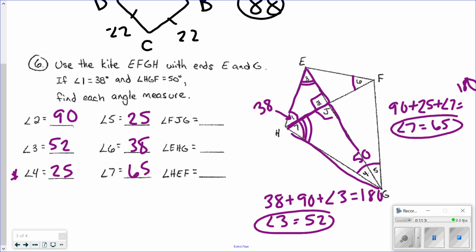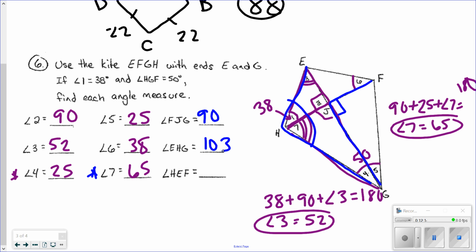Angle FJG is this angle right here, and we know that's 90. Angle EHG is this entire angle here, so I just need to add up angle 1 and angle 7. Angle 1 we know is 38, angle 7 we know is 65, and that becomes 103.